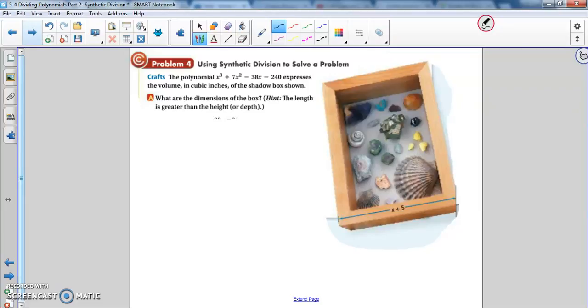So here, we have the width. We want to find the length and the height.